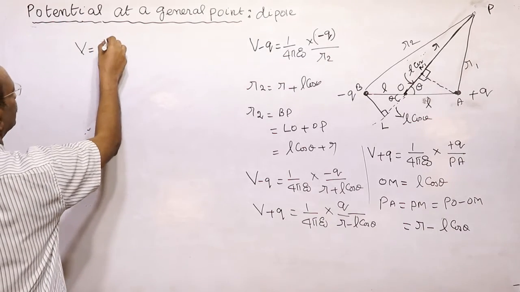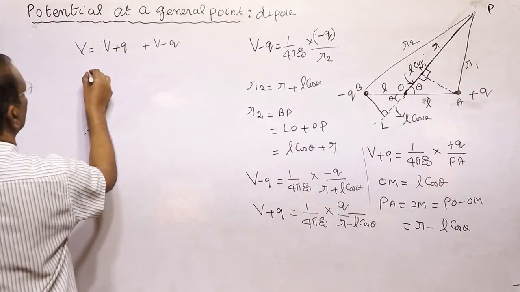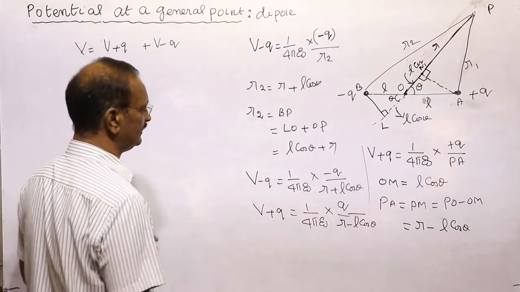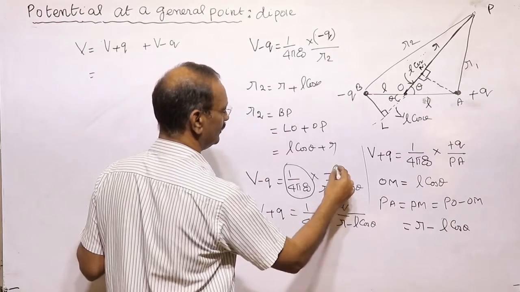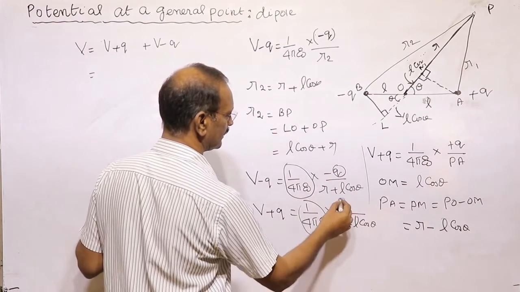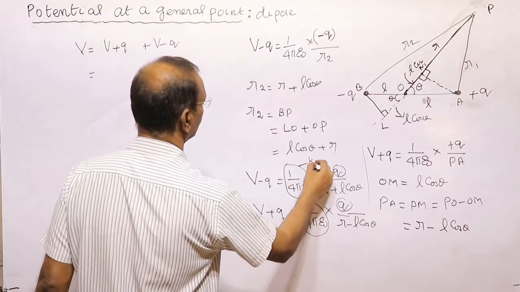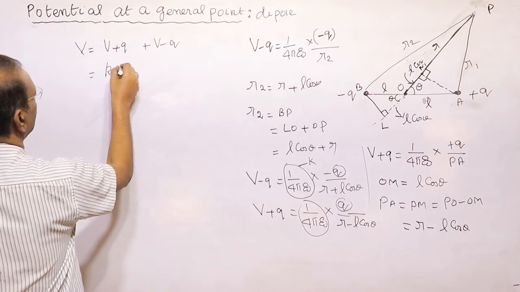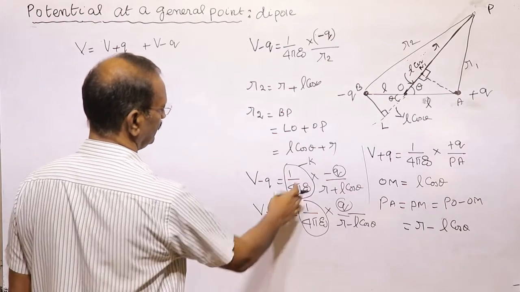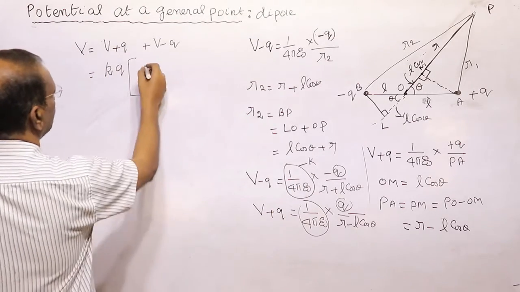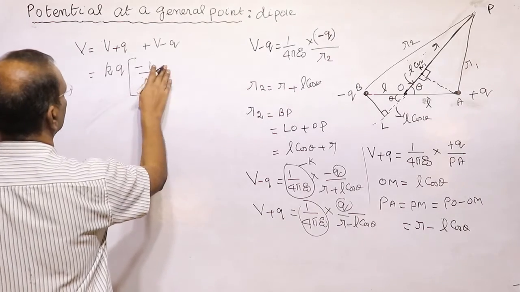So net potential due to dipole is equal to V due to plus Q plus V due to minus Q. For simplicity, we can take this, which is common for both. This is equal to K. So we take K into Q, what is left?